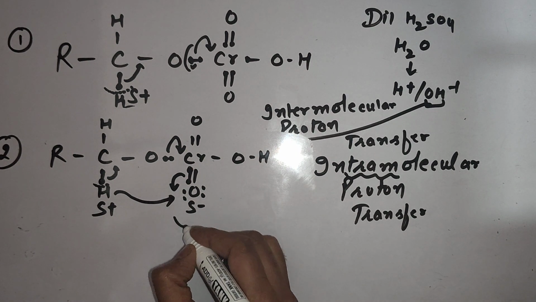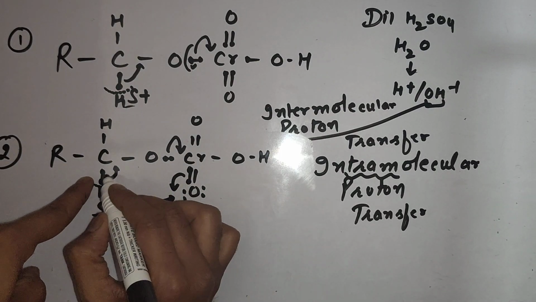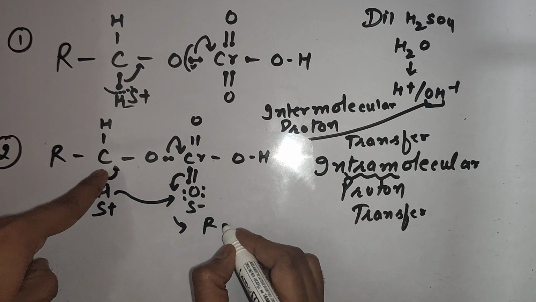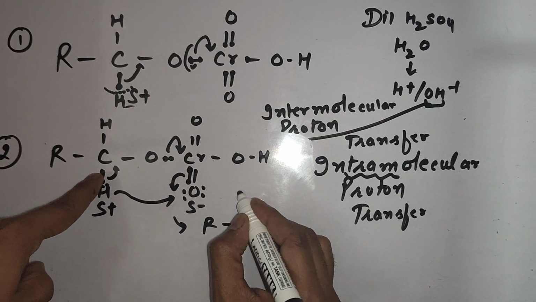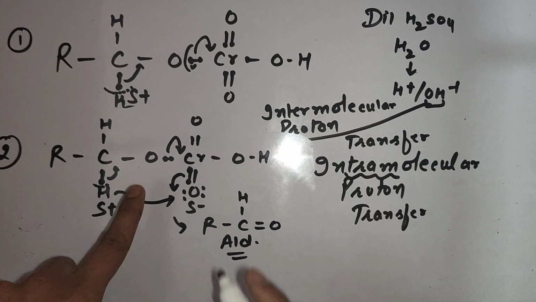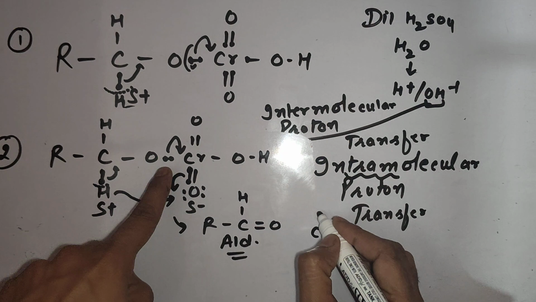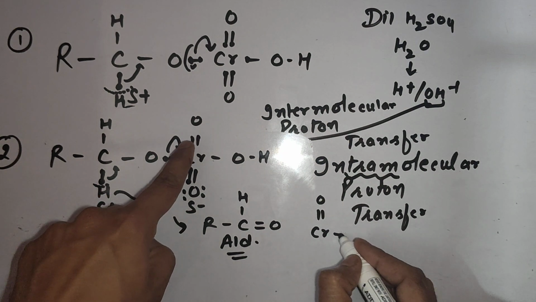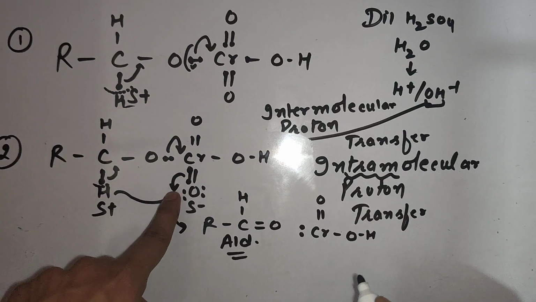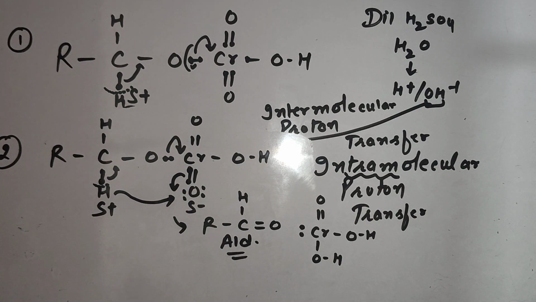After this breakage, you can check what you will get. Number one, this particle. When carbon is going to shift these electrons with oxygen, between carbon and oxygen a double bond will generate. Aldehyde again. Here, what will generate? Chromium as it is, this oxygen, OH as it is, one extra electron from the oxygen side, and here OH will generate.